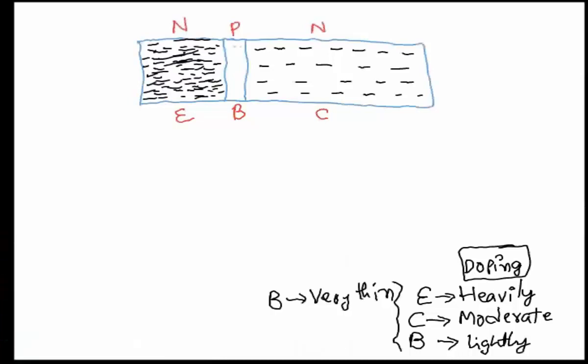But remember, P-type has holes, correct? So the charges you see here are only majority charges. Meaning that, remember, an N-type, we know it has an extremely high number of electrons, but also a very small number of holes as well, correct?